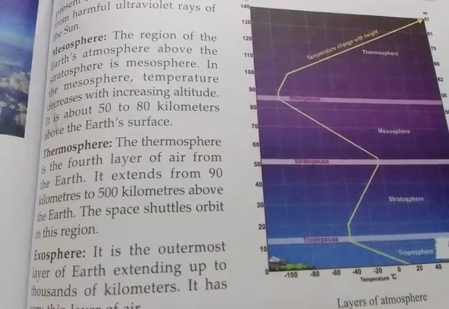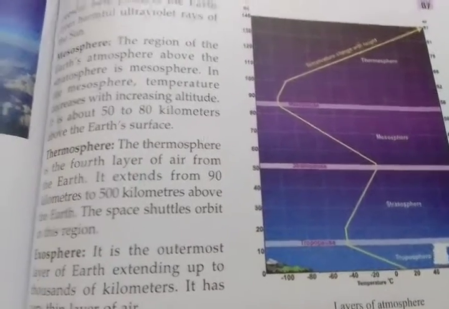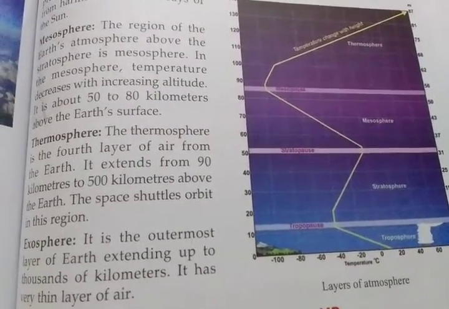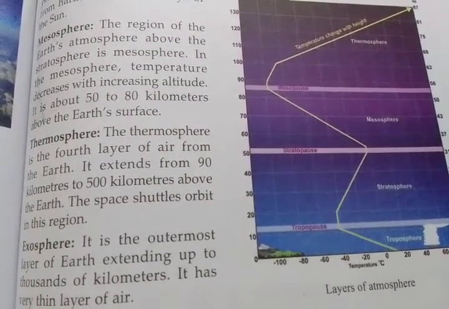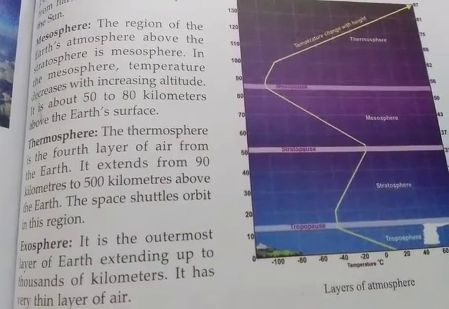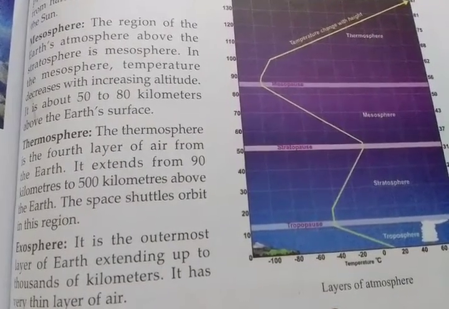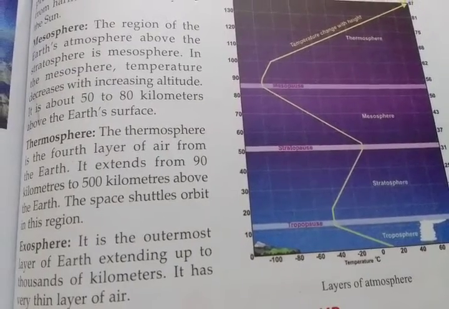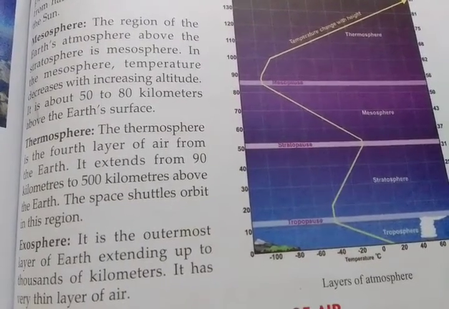And the next is thermosphere. Above the mesosphere, there is the thermosphere, and it is the 4th layer of air. It extends from 90 kilometers to 500 kilometers above the Earth. And the space shuttles orbit in this region.